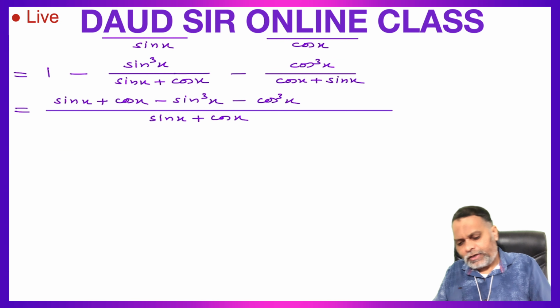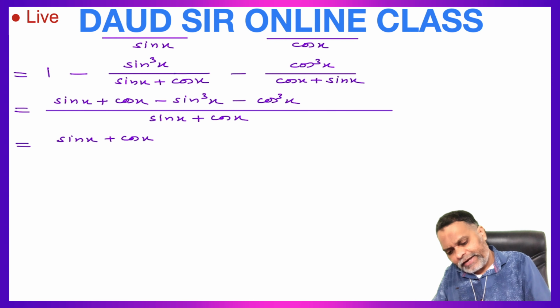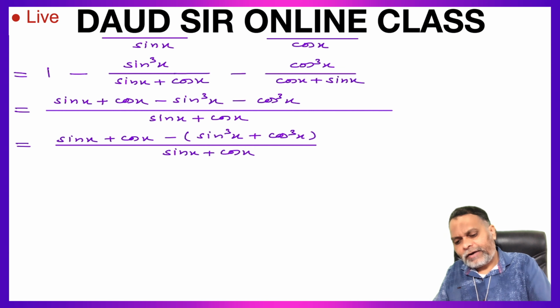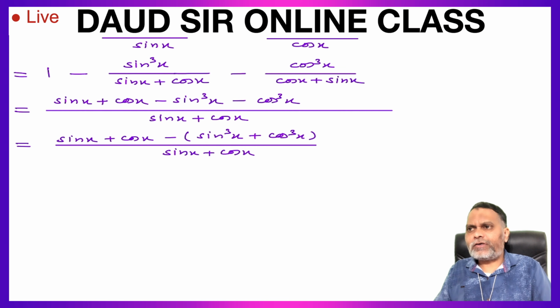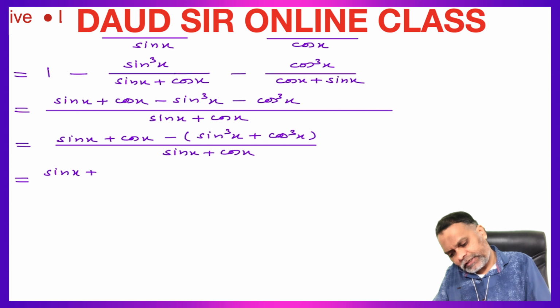Now, which is equal to sin x plus cos x. Take the minus sign common from these two terms. So sin cube x plus cos cube x upon sin x plus cos x. Here we can apply the identity a cube plus b cube. This is sin x plus cos x.